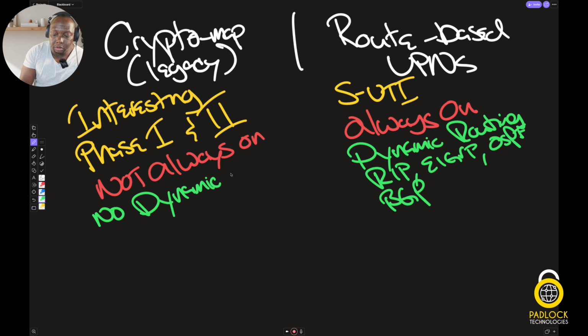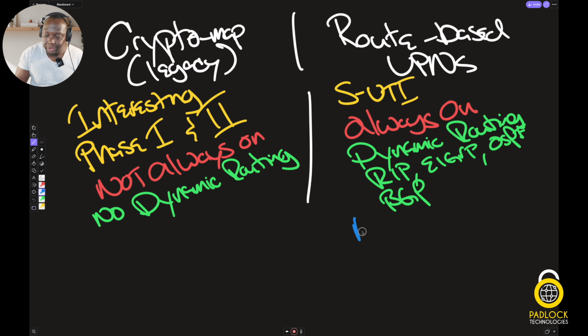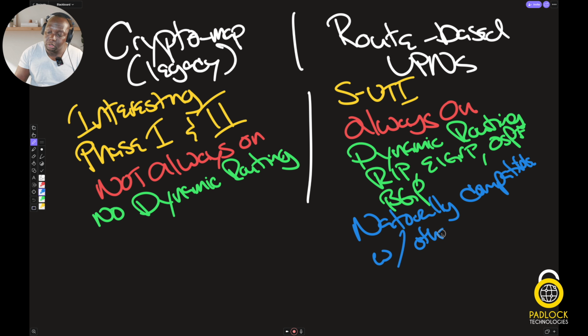The other thing, which is a key difference, because not everybody has ASAs or FTDs, is route-based style VPNs are naturally compatible with other vendors. With crypto map, depending on what you're actually doing your site-to-site tunnel to, you may run into some problems.